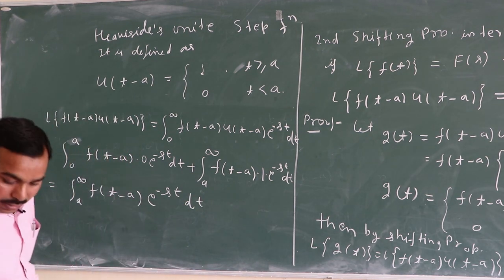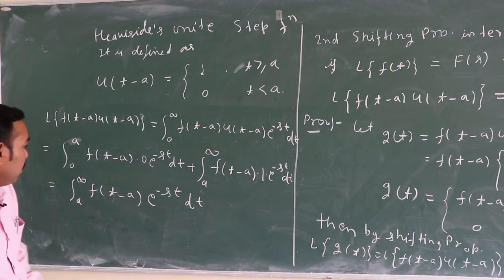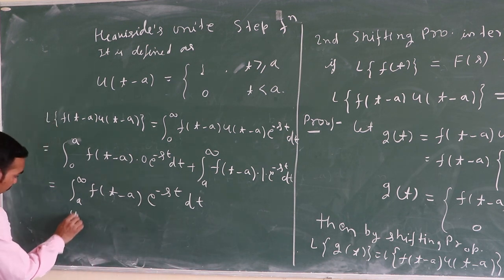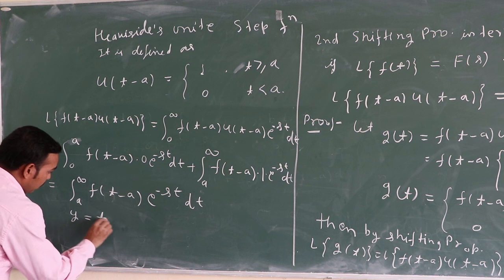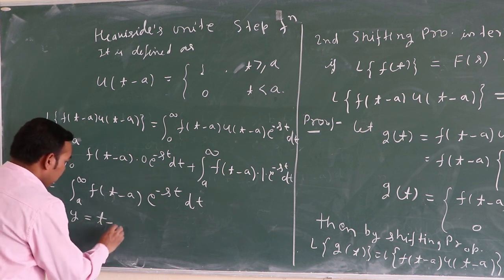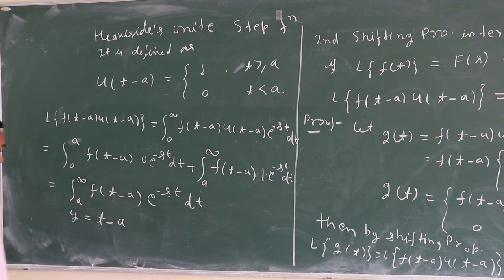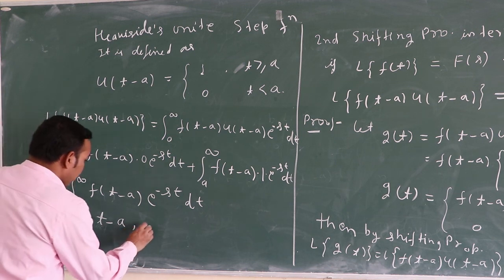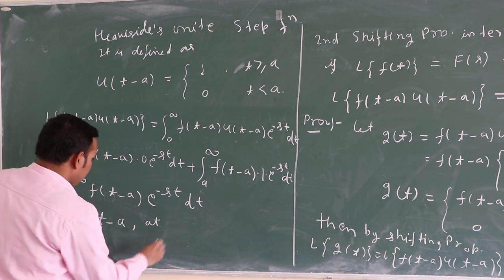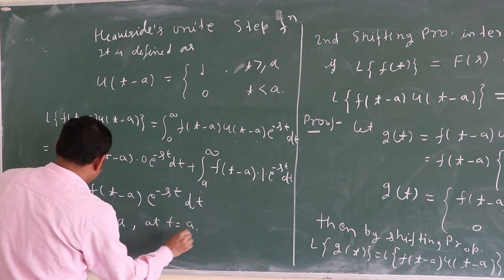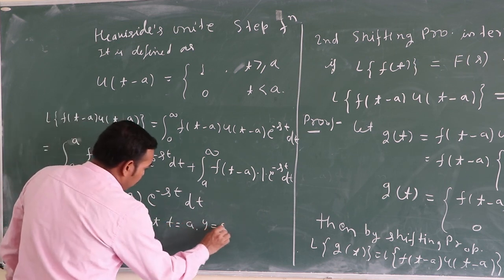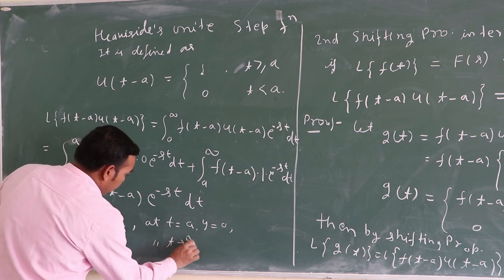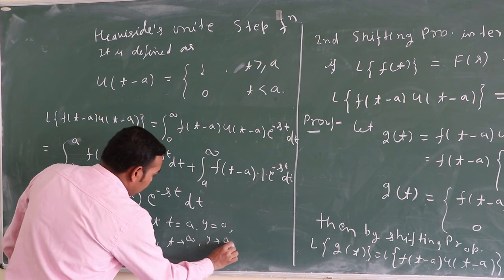Simply, we can prove this by taking y equal to t minus a. At t equal to a, y goes to 0; at t going to infinity, y goes to infinity.